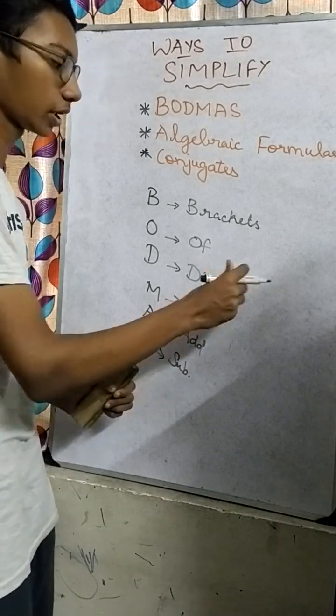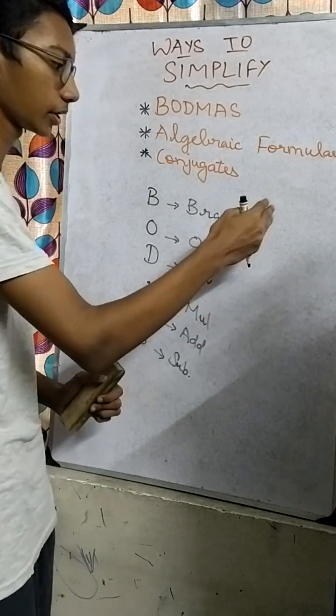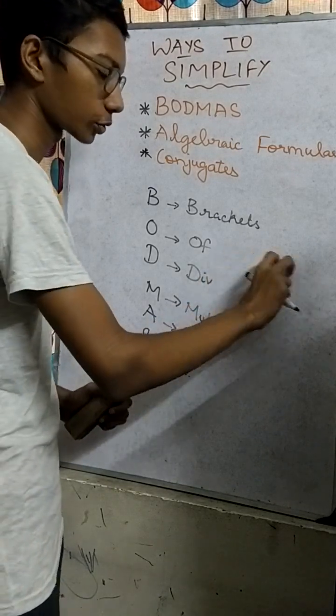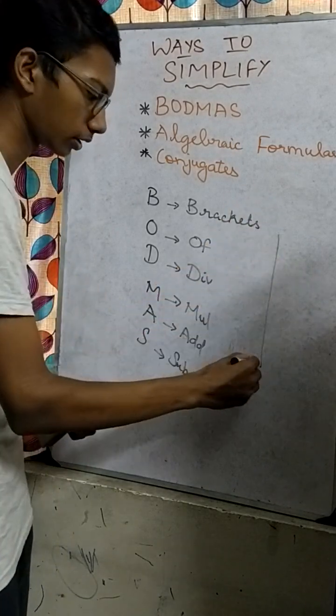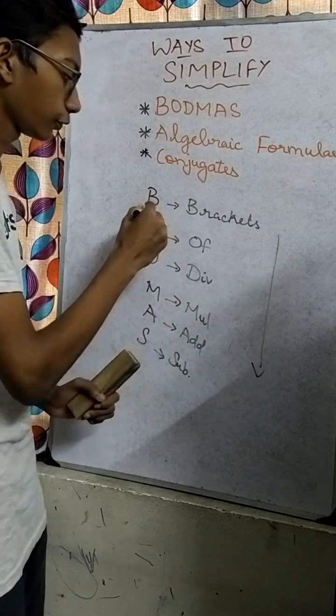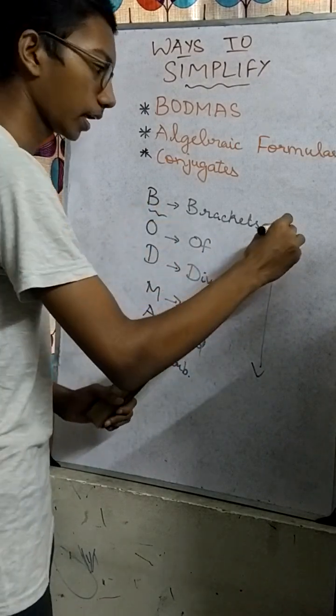If you see an expression containing all these, the order to solve it will be in this order, but not completely, because if you see brackets, you have to do brackets.